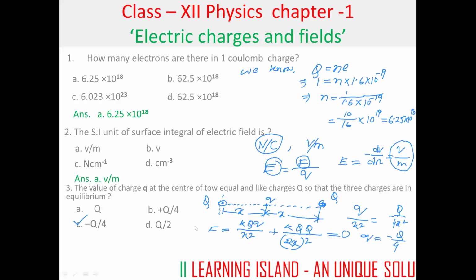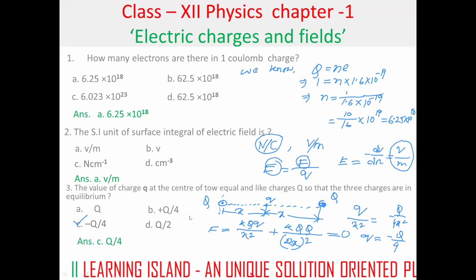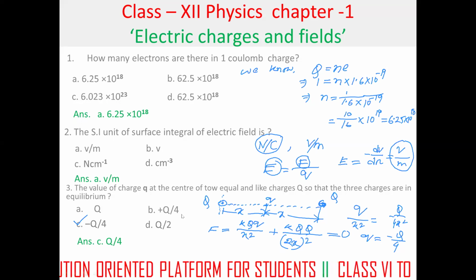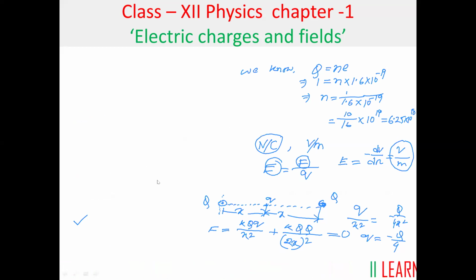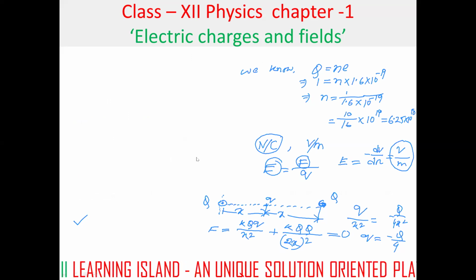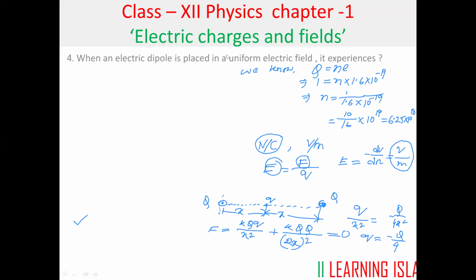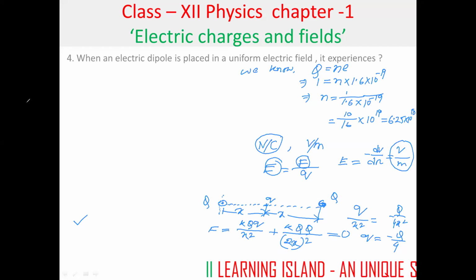So let's see the answer. This is the answer. Okay, so it will be minus Q by 4. Now let us go to the next question. Before this, I should erase all this.